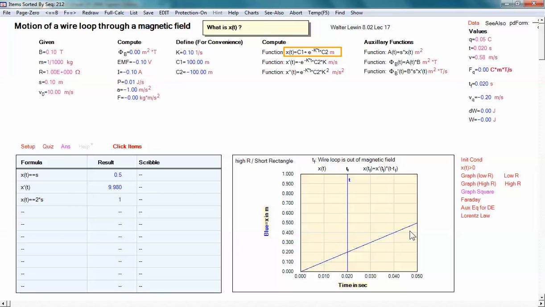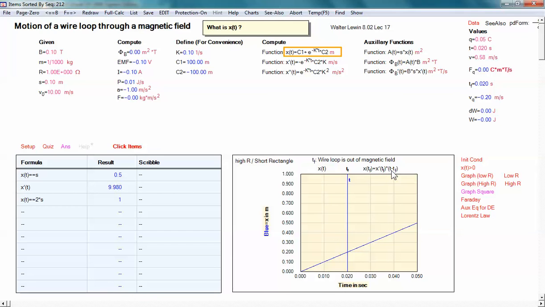To get that formula, you have to break up this motion equation up here into two pieces. As it enters, it's just x of t. As it leaves, it's x at the point where it leaves the field plus the velocity at the point where it leaves the field times the time beyond which it leaves the field.